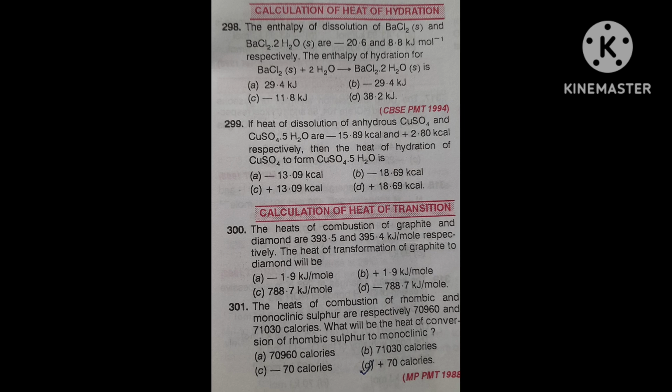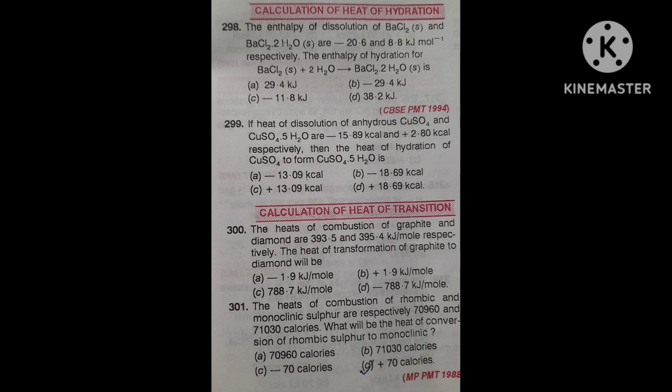There, finally, minus 20.6 and plus 8.8 was there, that became minus 8.8, and after adding you got minus 29.4 kilojoule. Here again, proceed the same way. Here minus 15.89 and plus 2.80 is there.